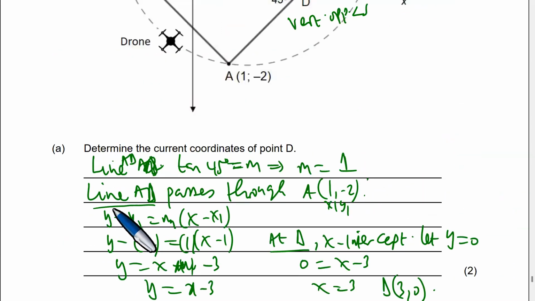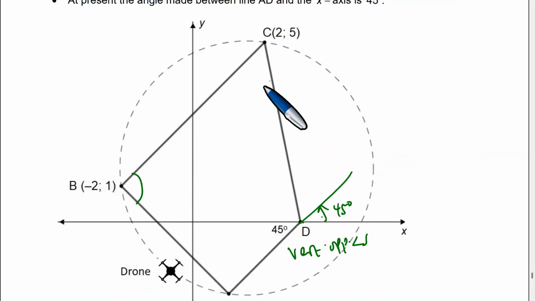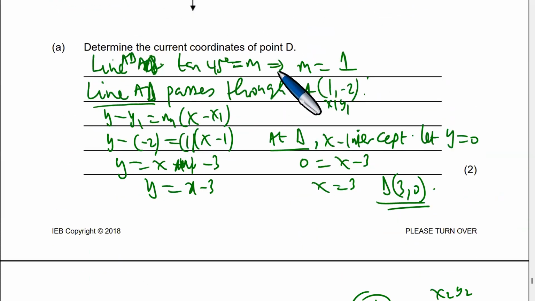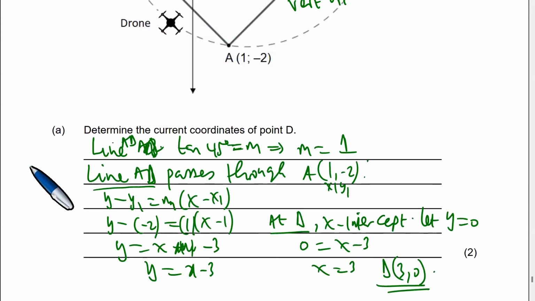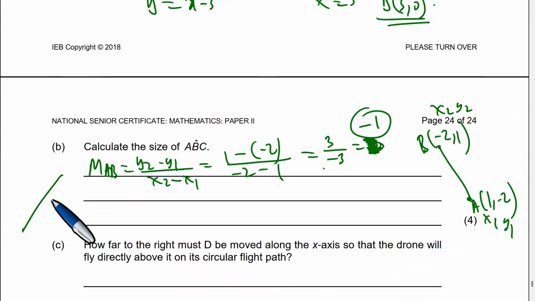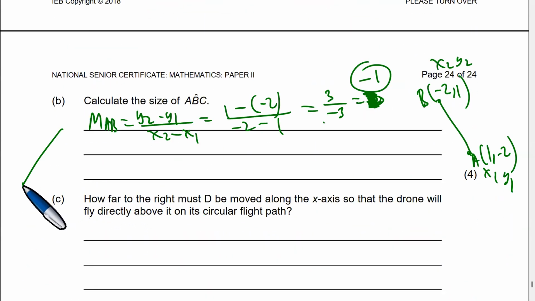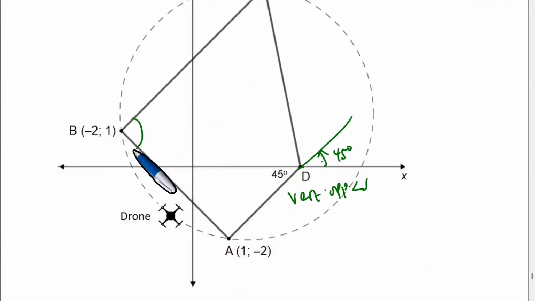Now we have the gradient of BC. B is minus 2, 1, and C is 2, 5.